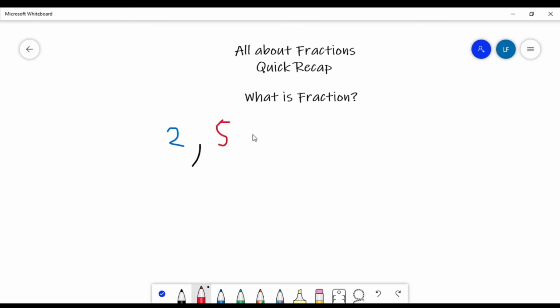We can write this as a fraction by making it 2 by 5, because it is divided. This is the half slab, this is the denominator and this is the numerator.